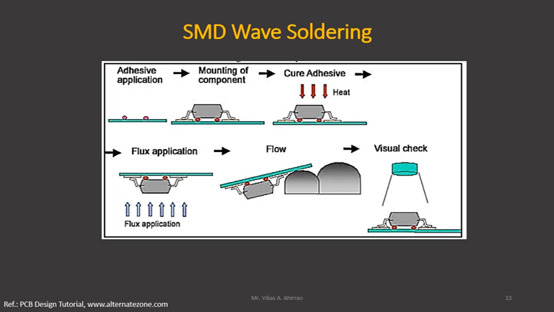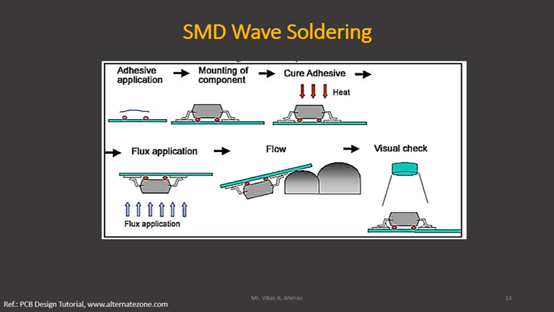Similarly, for SMD components, the wave soldering process is slightly different, as those are surface mount devices. These are first attached to the PCB with the help of an adhesive.